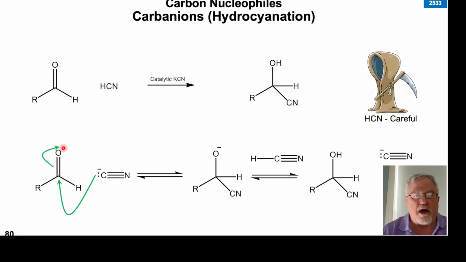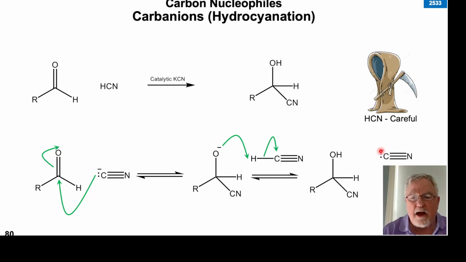We throw the charge up onto the oxygen atom, and we now have an alkoxide-like intermediate. It's alkoxide-like because we have that cyano group attached to it. But this is a decent enough base that it will pull the proton off of HCN, and that gives us our final product and reforms the cyanide so it can start the cycle again.